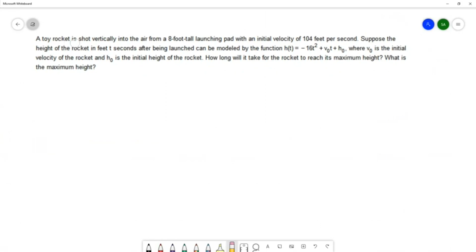A toy rocket is shot vertically into the air from an 8-foot-tall launching pad with an initial velocity of 104 feet per second.